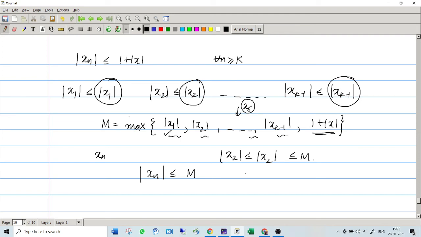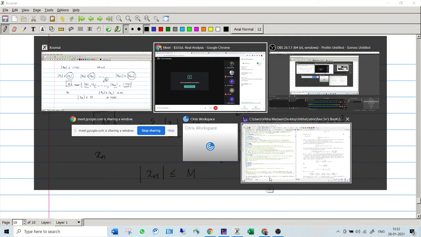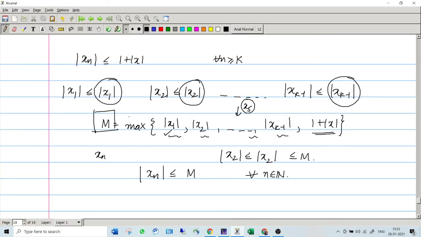So each of these xn's are less than or equal to this m chosen, which was maximum of these k many terms. Is it okay now with everyone? Yes, ma'am.